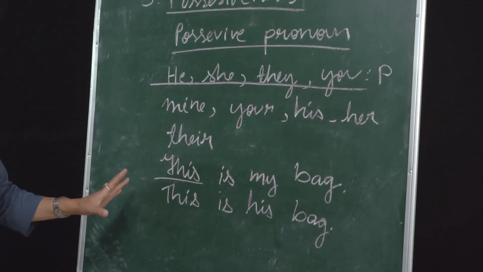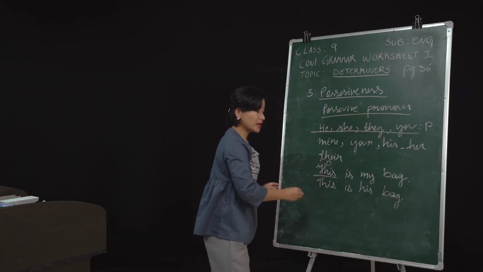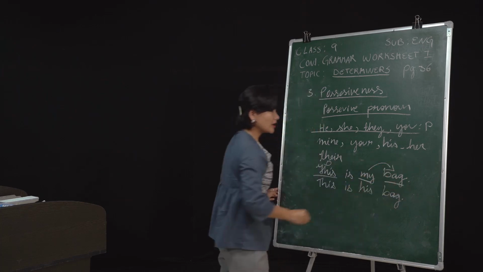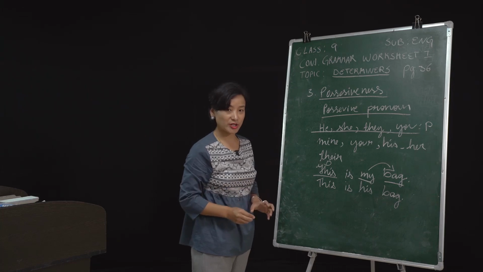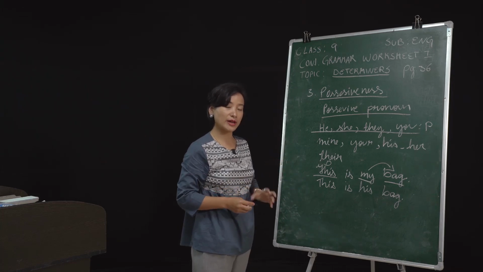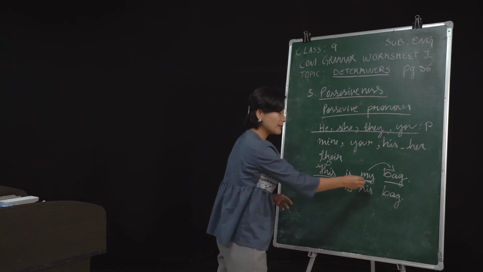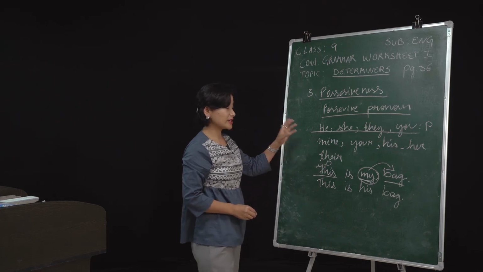We have already discussed it because it is demonstrating it, all right? So this is also a determiner. Now my here is showing possession, and possessive pronouns are always connected to an object. Keep that in mind because we will come back to that later on. Object, all right? So my bag, whose bag? My bag, showing possession here. So that is a possessive pronoun.